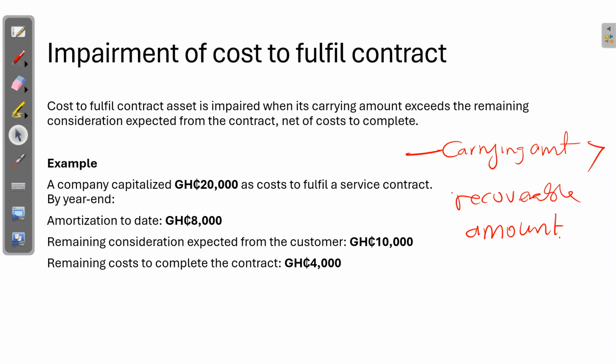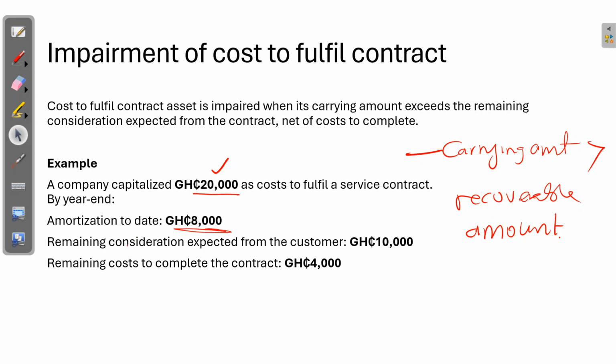So let's look at an example here. A company capitalized 20,000 cedis as a cost to fulfill a service contract. So this is what they capitalized. That means that's the contract cost they've incurred for the project, and they have to amortize it. Amortization to date, they have amortized 8,000.